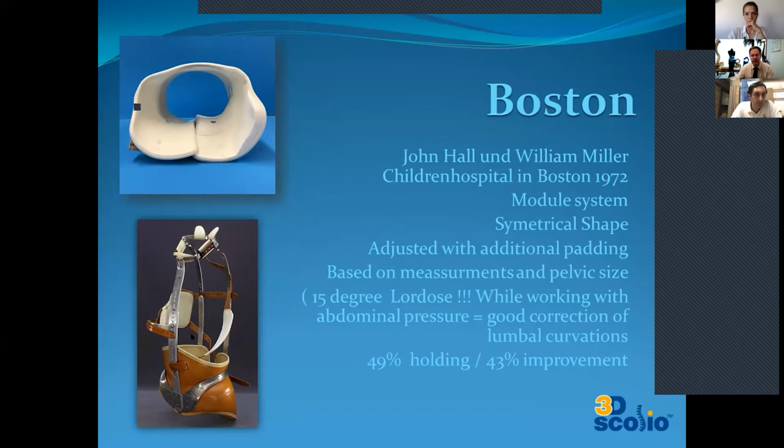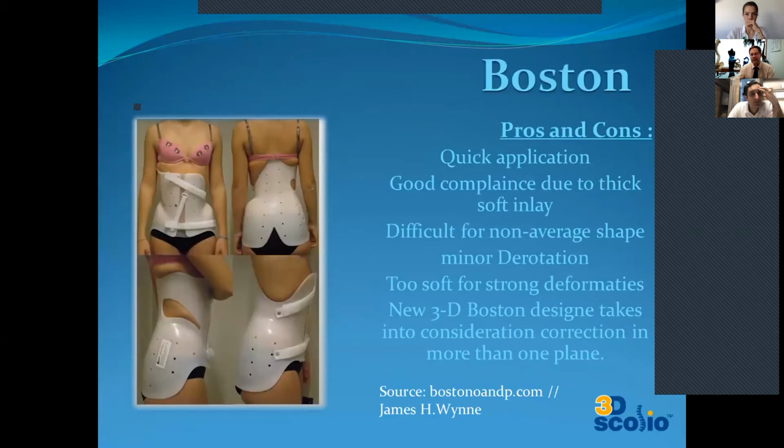And there came the experience from the Milwaukee quite handy, because they saw that a lot of patients can be fitted with similar modules they were using for the pelvic basket. So they found out that while producing some braces ahead and keeping them in a symmetric, anatomically physiologic shape, they could very quickly serve a lot of patients by just having to adjust the braces in a short way.